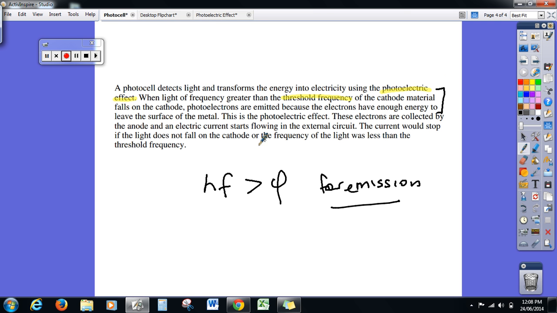These electrons are getting collected by the anode, and the current starts to flow in the external circuit. The current would stop when the energy does not exceed the work function, if the light does not fall on the cathode, or the frequency of light was less than the threshold frequency.